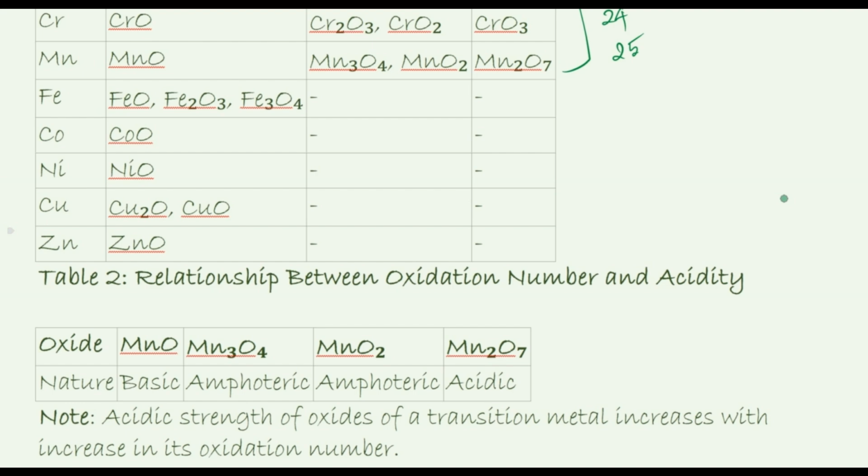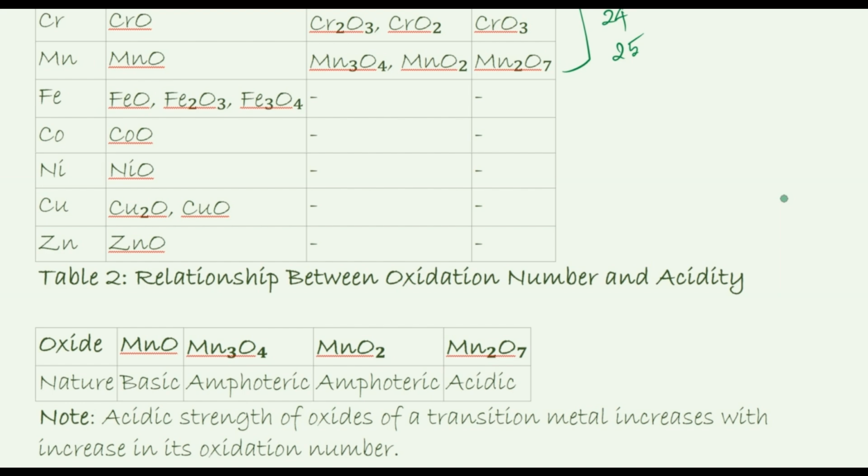So we have to note down these oxides which have different categories: MnO is basic in nature, Mn3O4 and MnO2, where the oxidation state is +4, these two are amphoteric in nature.